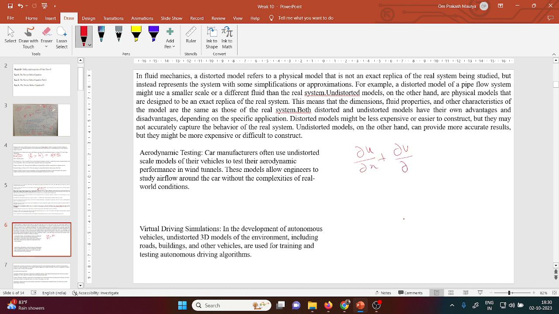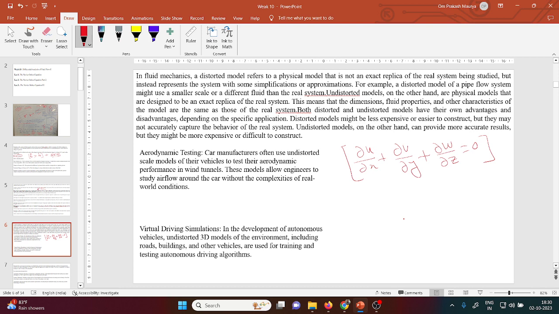Okay. This is the continuity equation for an incompressible fluid. This is the w component, it is equal to 0, right? For the stream function, why are we using it? It is a mathematical concept.